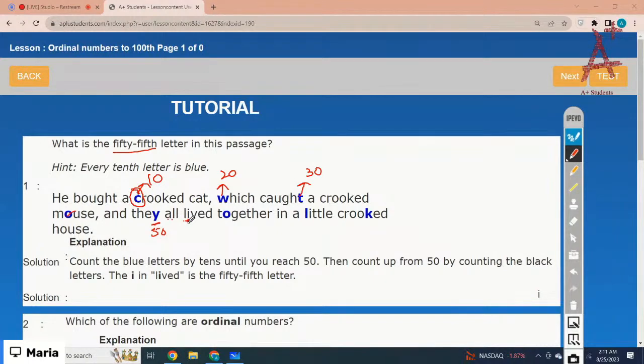I in the left is the 51st letter, right? So I in the left is the 55th letter.